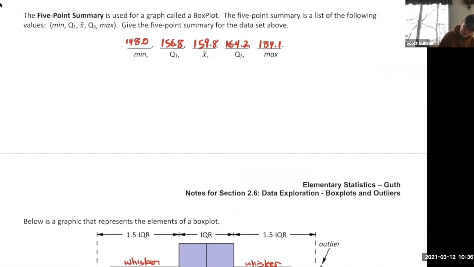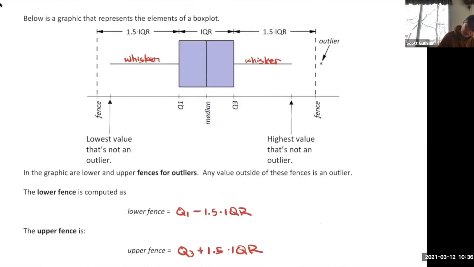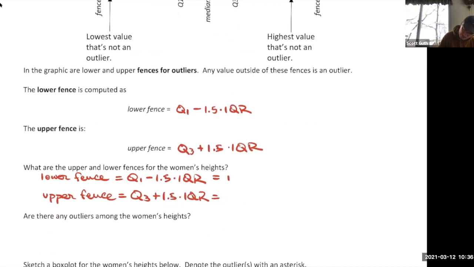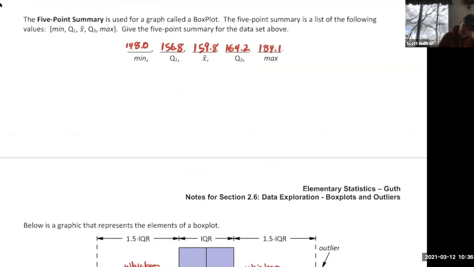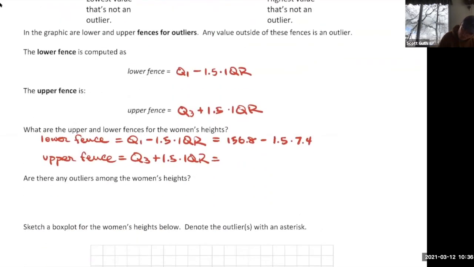Going back, Q1 was 156.8 minus 1.5 times the IQR. I think the IQR was 7.4. I'll double check. Yes. And then Q3 was 164.2, and we add 1.5 times the interquartile range. And those are the fences for outliers.